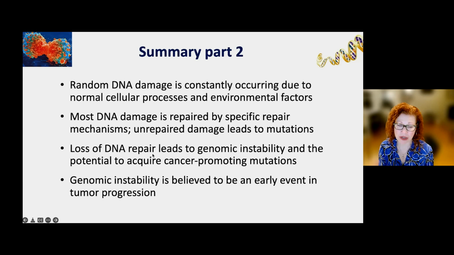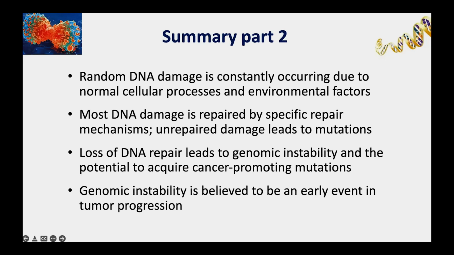If you lose a DNA repair mechanism, that leads to the accumulation of a lot more mutations, which leads to what's called genomic instability and the potential to acquire many more mutations, including those in critical cancer genes. Genome instability is believed to be an early event in tumor progression that allows for the acquisition of all these other mutations.